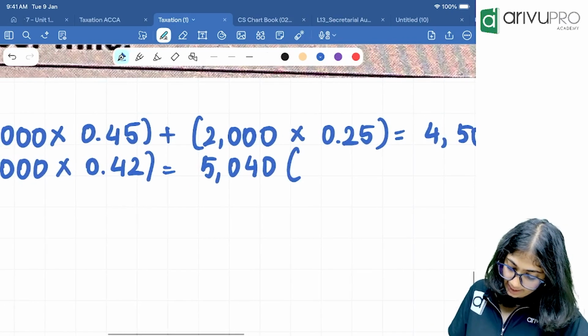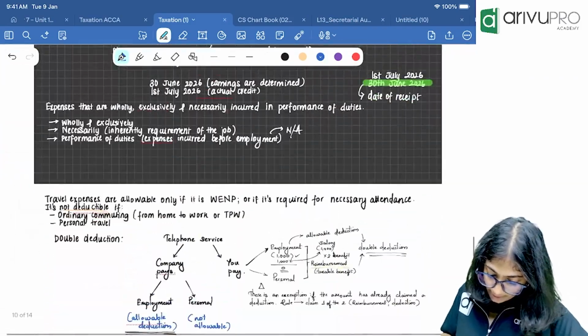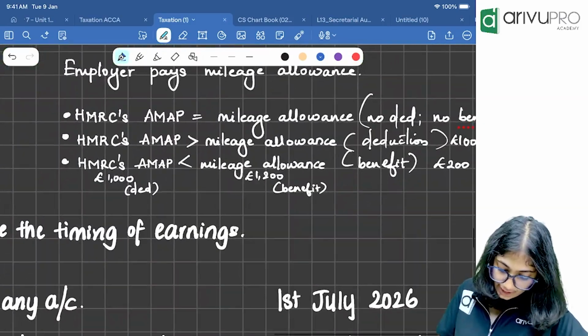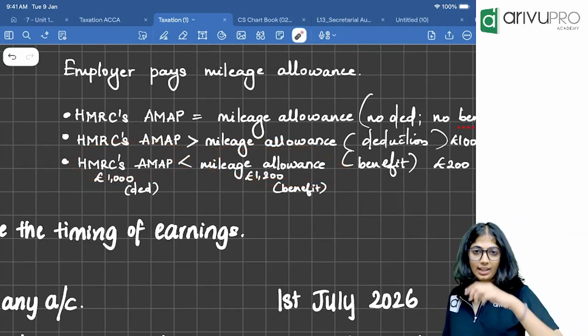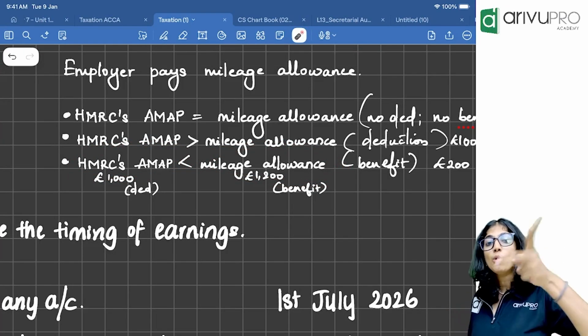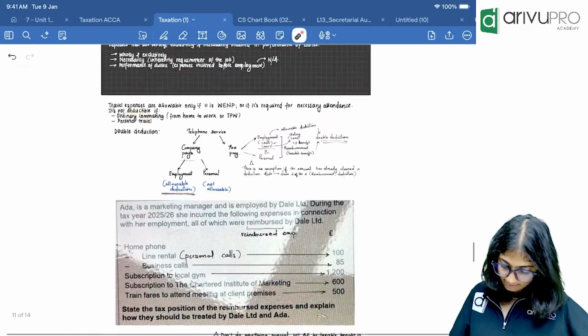This is the taxable benefit. Now, what do we know from this? That if HMRC's AMAP is less than the mileage allowance given, that is, the employer is providing you more than you are supposed to get, then it is a net taxable benefit.